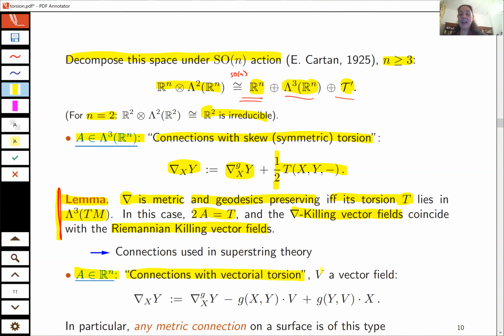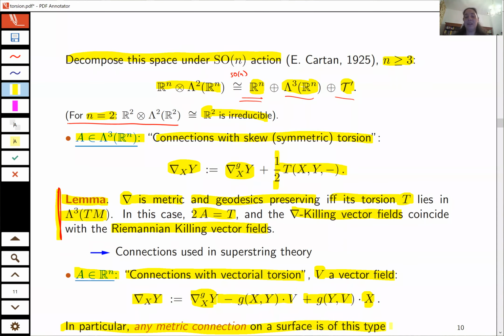If you have a vector field V, then explicitly this connection is given by the formula nabla_X Y equals Levi-Civita, minus the scalar product <X,Y> times V plus the scalar product <Y,V> times X. In particular, because of the observation above, any metric connection on a surface has to be of this type, of vectorial torsion, which is something nice. And there are some nice results on the theory of surfaces using vectorial torsion.